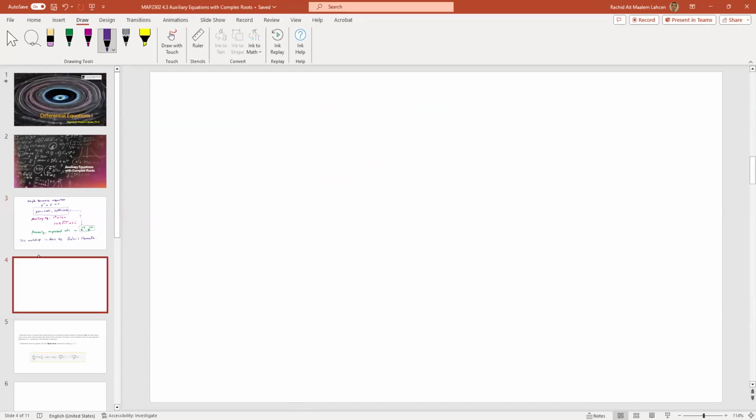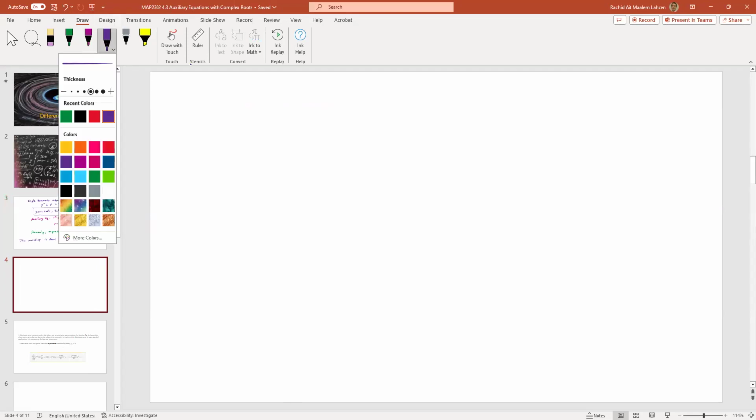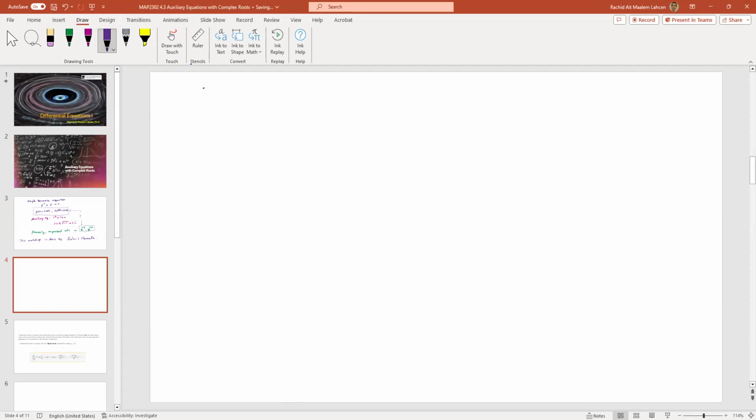So let's discuss this. If you have a differential equation, let's say of the type we're looking at, linear second order, which gives you its characteristic equation to be this.